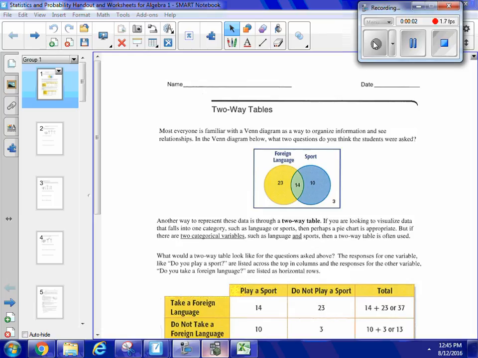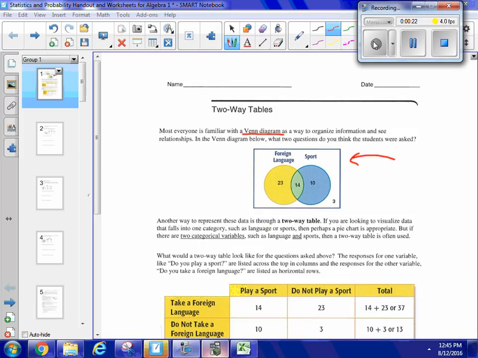Let's talk about two-way tables. So most people have seen Venn diagrams before. This is a Venn diagram. And in this particular instance, it says, what two questions do you think the students were asked?